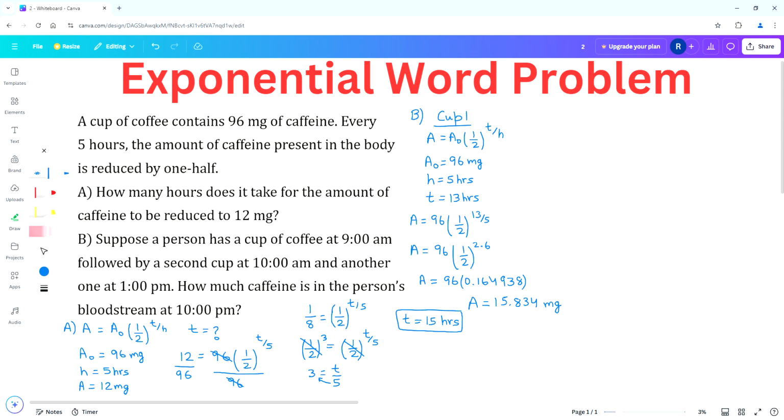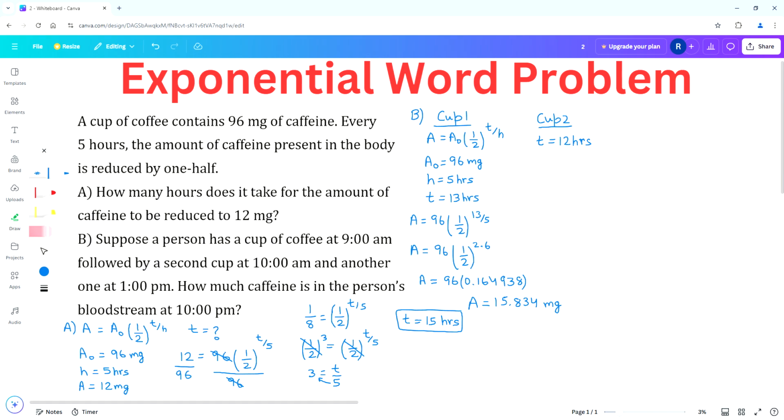Now we can analyze cup 2. Cup 2 is consumed at 10 a.m. We have to find the amount of caffeine in the bloodstream at 10 p.m. So for cup 2, T equals 12 hours. The value of A naught and H will be the same.